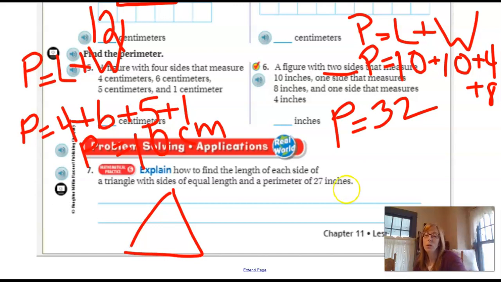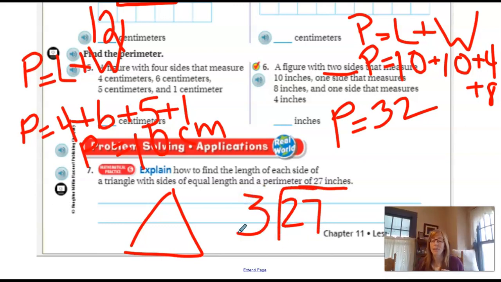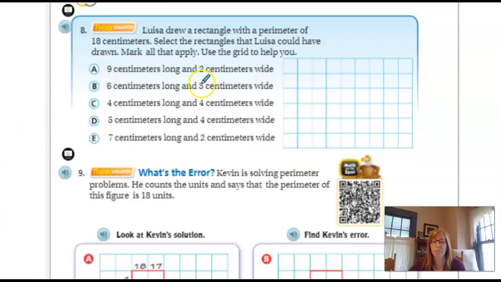An equilateral triangle has 3 sides, and all 3 sides total 27. So 27 divided into 3 sides, how many inches would each side be? Hopefully you came up with 9, because 9 times 3 is 27. I love that. It's using all of your prior knowledge.